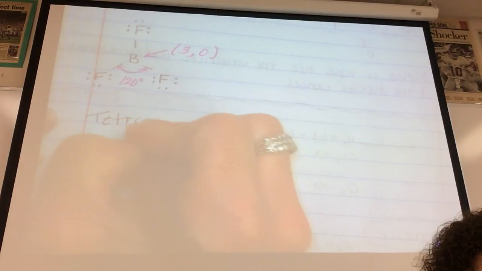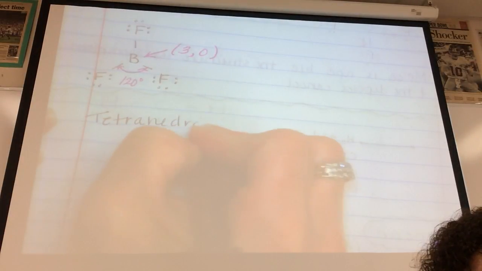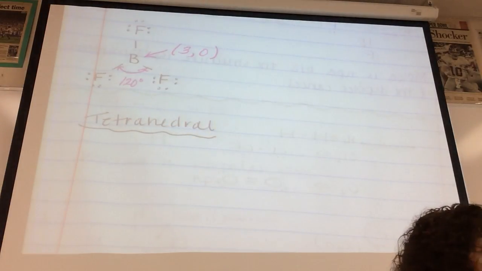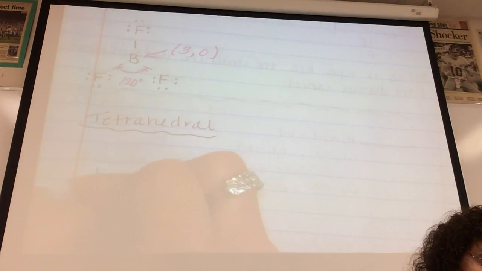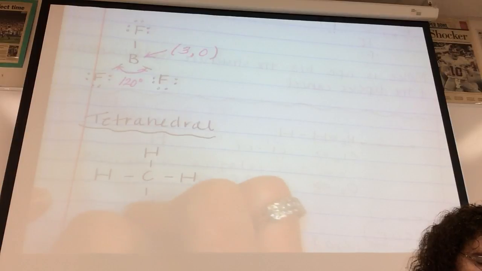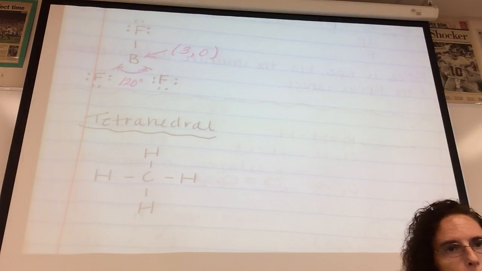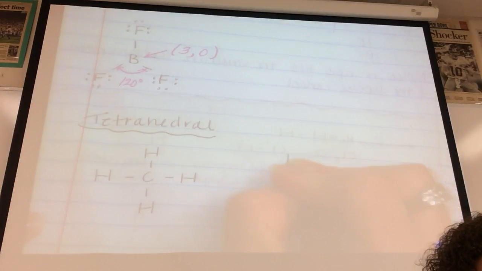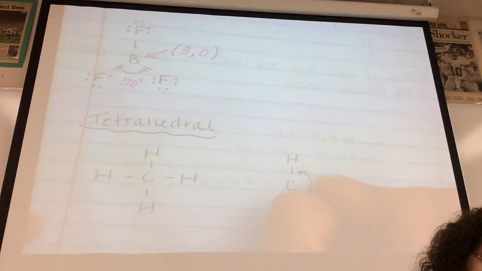All right, fourth shape, tetrahedral. From tetra, what would you guess in terms of the number of atoms attached? 4. And an example is methane. And when you draw methane flat, it looks like the bond angles are 90 degrees, but they're not. If you actually drew it, you'd find this bond angle is 109.5 degrees.